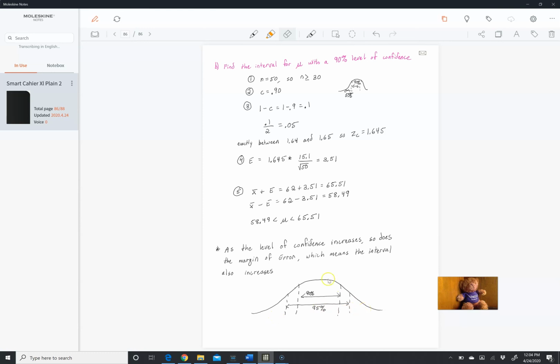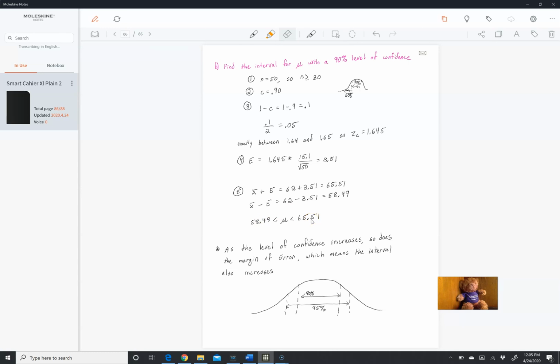Okay, so this is visually, but you could also think about it, just make the interval really, really large. If the sample mean is 62, then we're going to be very, very confident that our population mean is between 20 and 100. We're going to be a little less confident that it's between 50 and 80, and even less confident that it's between 58.5 and 65.5.